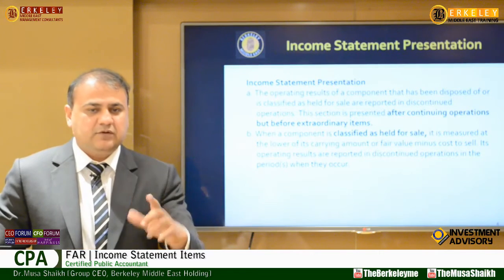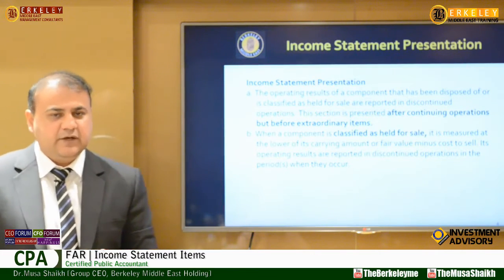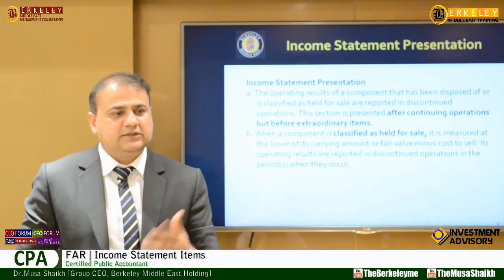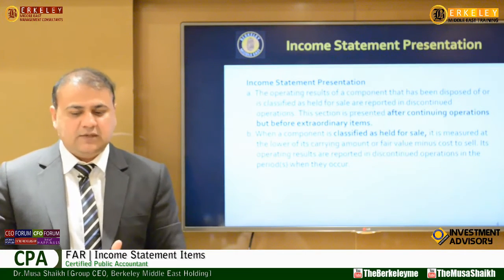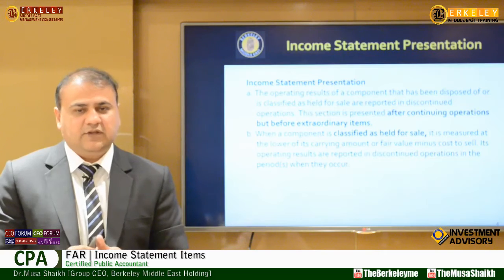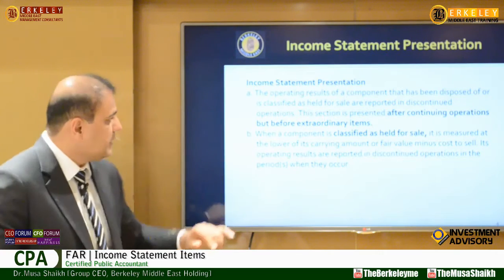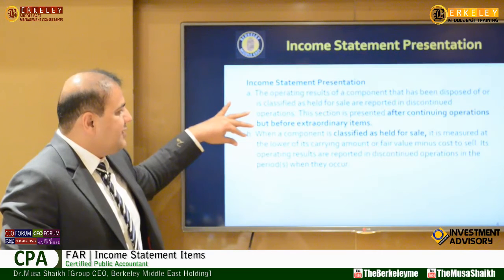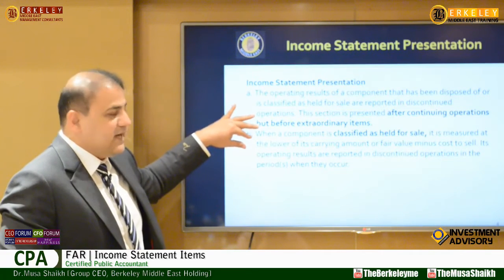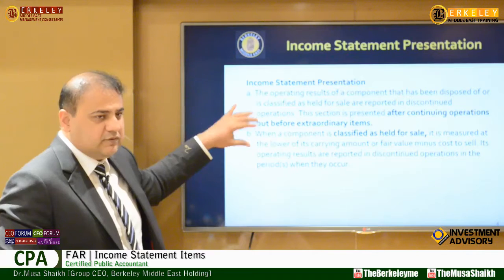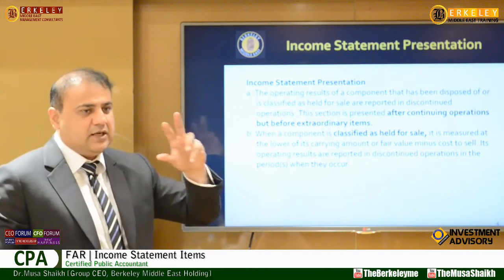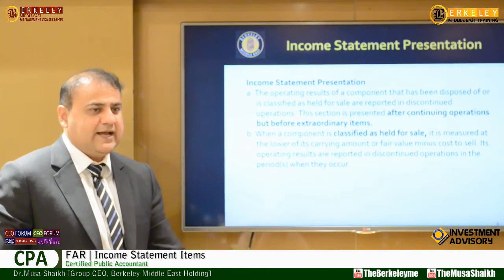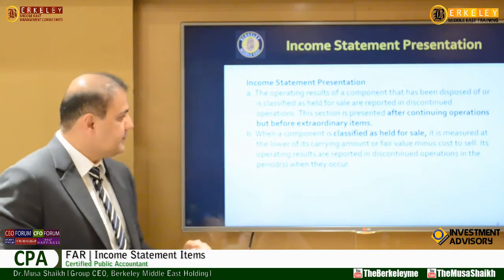For example, if we close a branch in November, the first 11 months of income and expenses have to be shown on the face of the income statement. Then he says this section is presented after continuing operation but before extraordinary items. So there are 3 sections mainly: continued, discontinued, and extraordinary items.